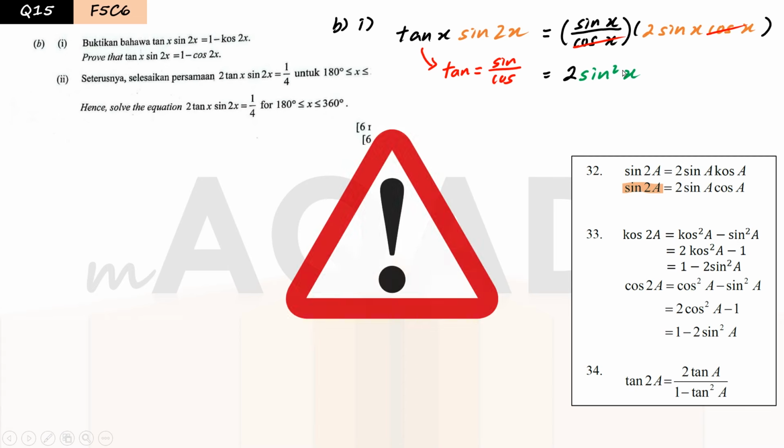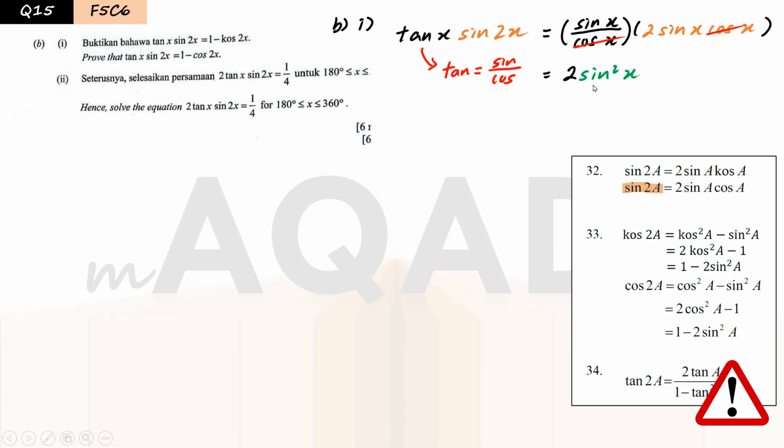Alright, so now from 2 sine square x, how do we change it to 1 minus cos 2x? Since we are changing this to become 1 minus cos 2x, let us look at the formulas that use cos 2x, which is formula 33.